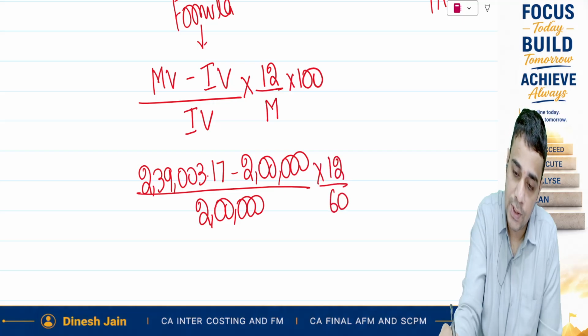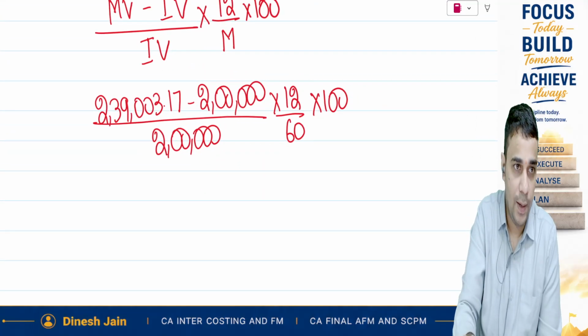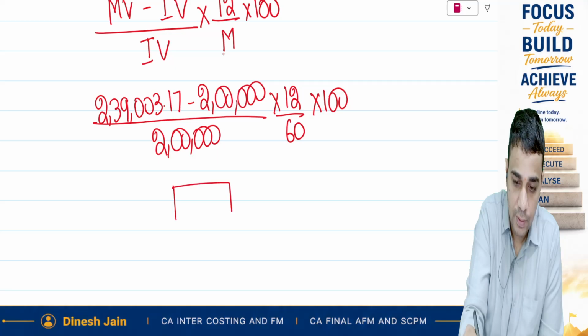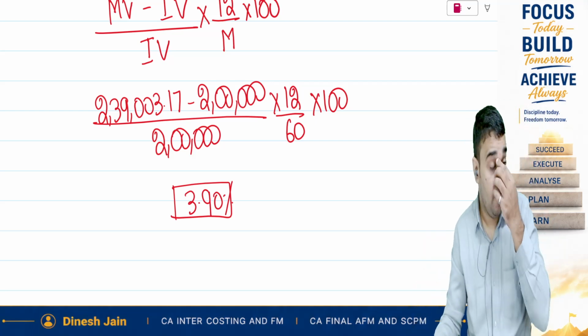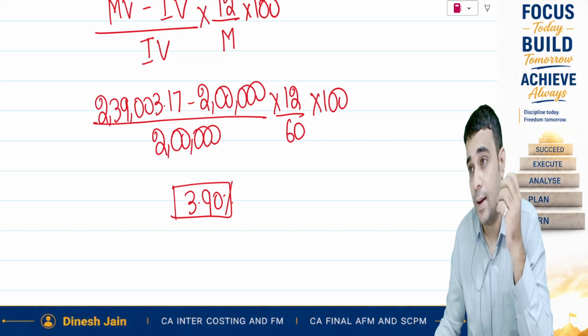12 by 60 into 100. How much? 3.90%. Now I have to try the IRR approach.